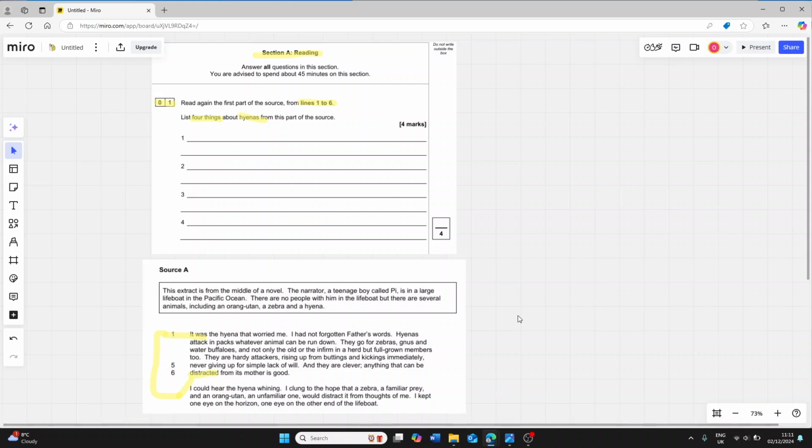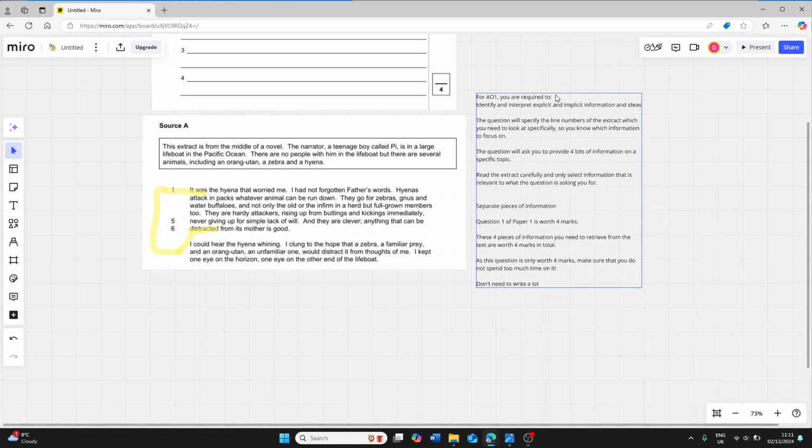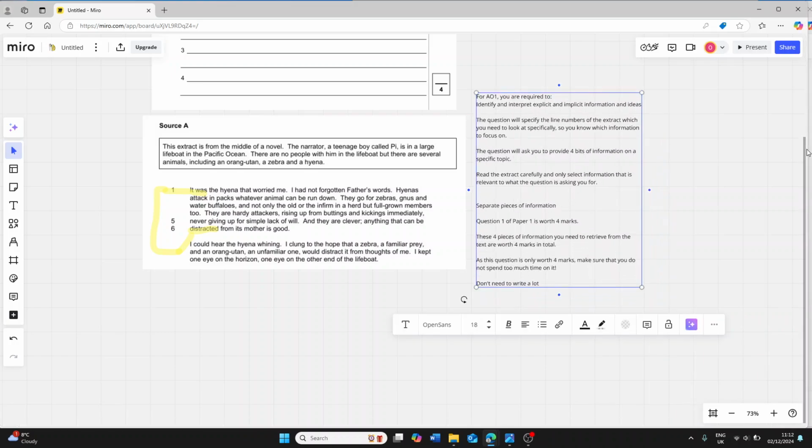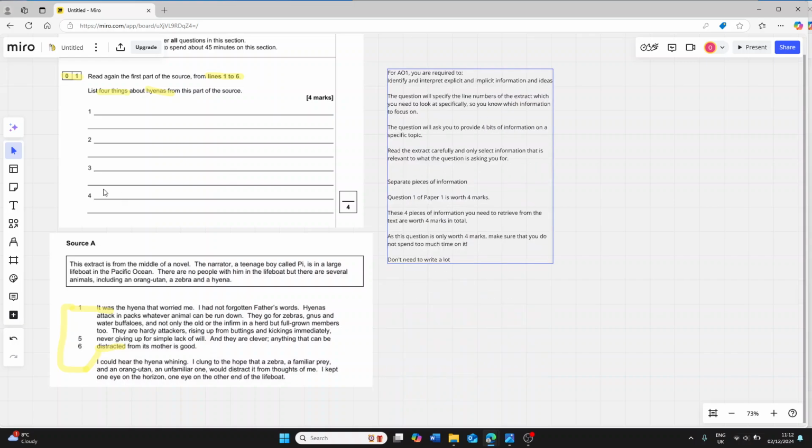Okay. Now, other pieces of advice we're going to bring in are these. So, as you can see, these are our key bits of information. So, let's go to our highlighter again. So, what is being marked here is AO1, and that's your ability to identify and interpret explicit and implicit information.